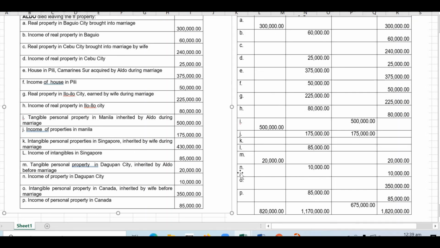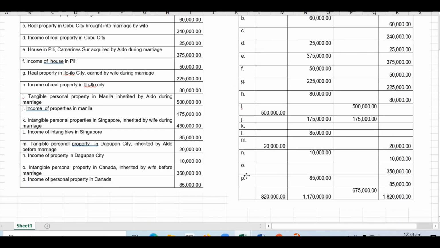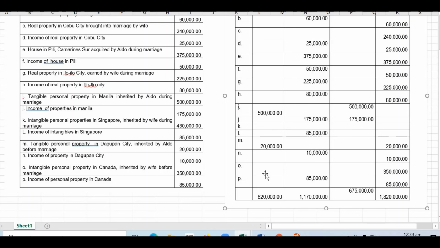ng property, ang income nito, letter N, no? Income is always conjugal under conjugal partnership of gains, and then since the property is part of the communal property, then the income is also communal. Letter O, intangible personal property in Dagupan City inherited by wife before marriage. So, since before marriage ito, exclusive siya ni wife, diba? So, hindi siya mag-form part sa gross estate under conjugal partnership of gains.